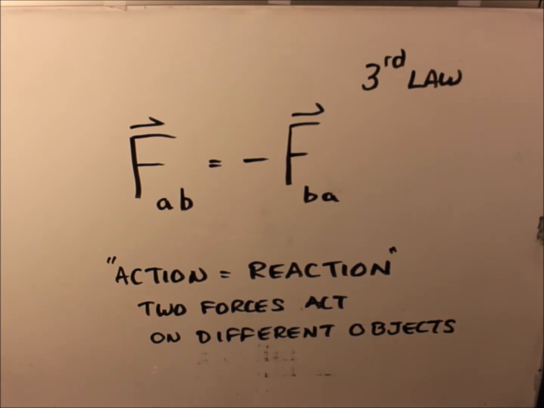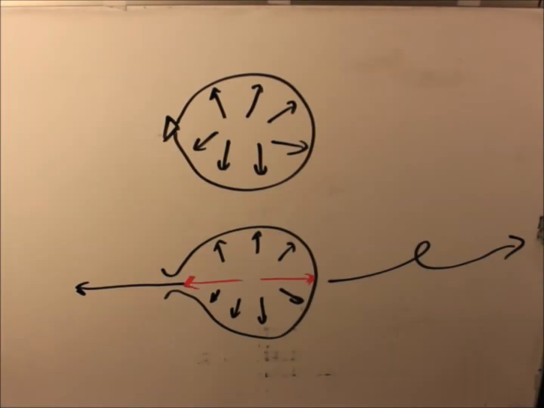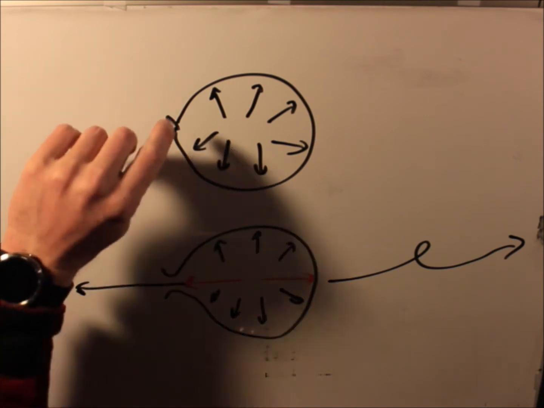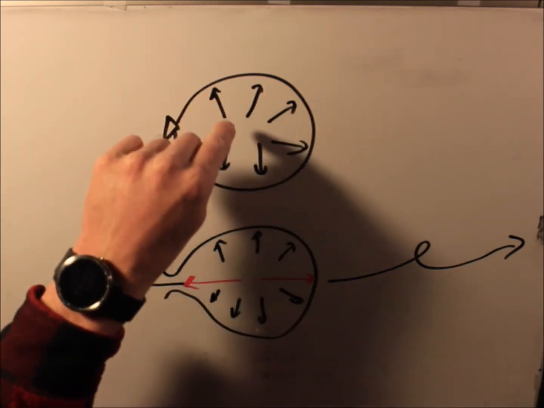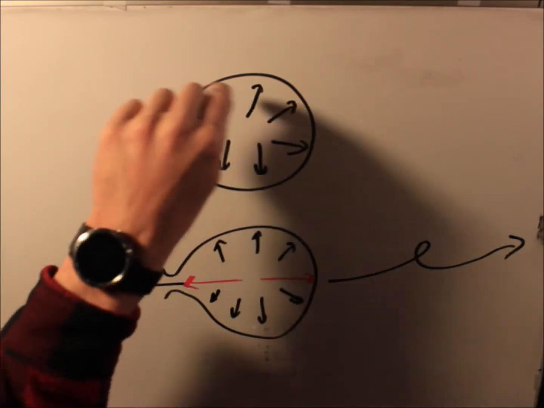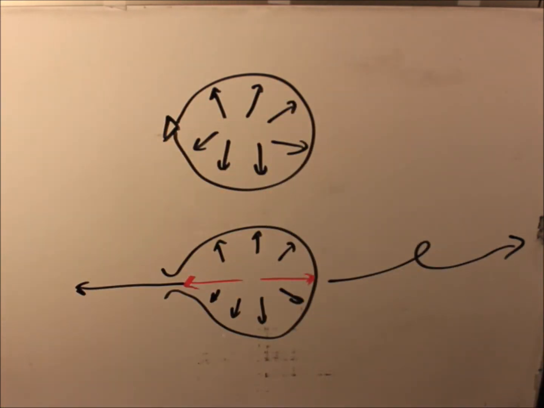Now the best way perhaps to illustrate this is by an example. So let us consider an example here of a balloon. We have a balloon that you might have at a party, and it's tied off. The balloon is solid, and the force of the pressure of the air inside is acting in all directions the same.